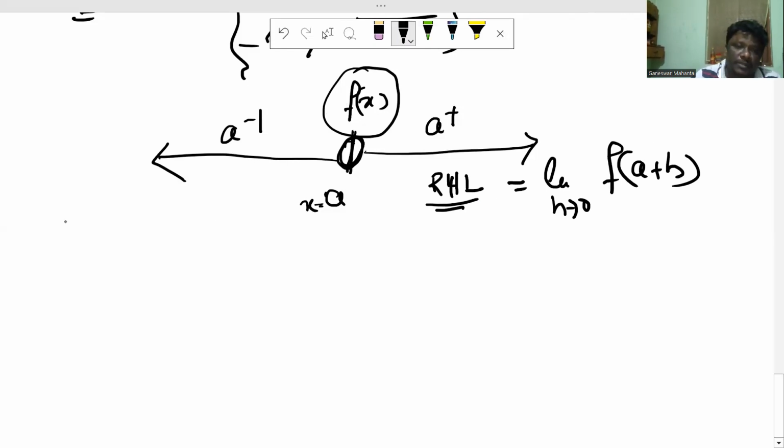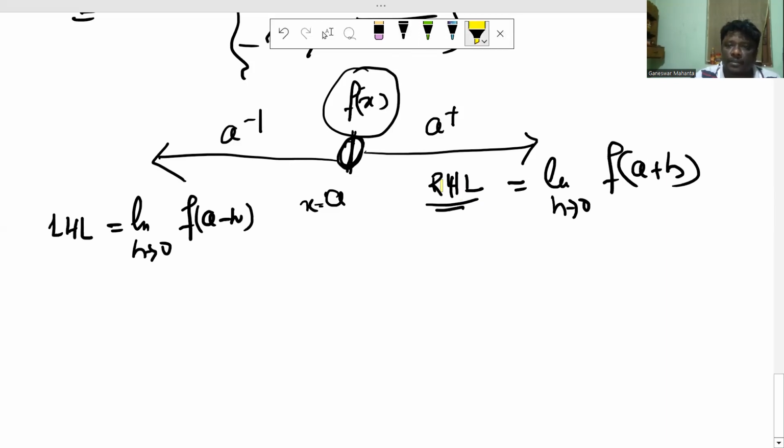And this is the left hand limit: limit h tends to 0 of f of a minus h. Just see here: right hand limit, left hand limit, and you also evaluate the limit of this function.